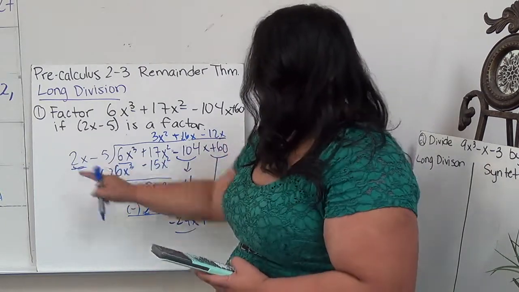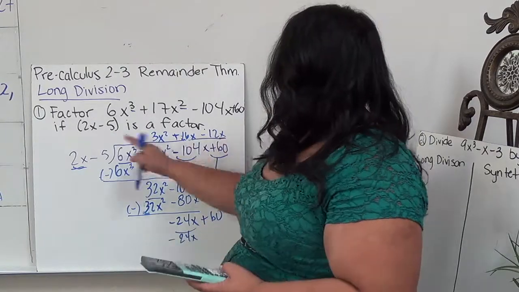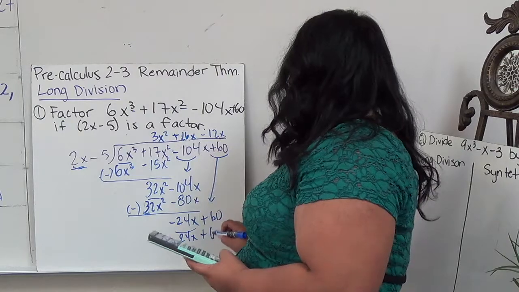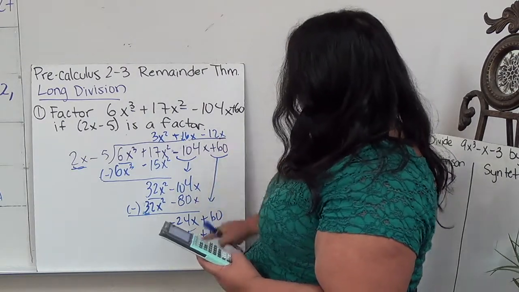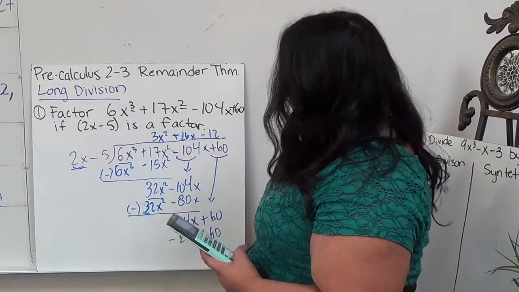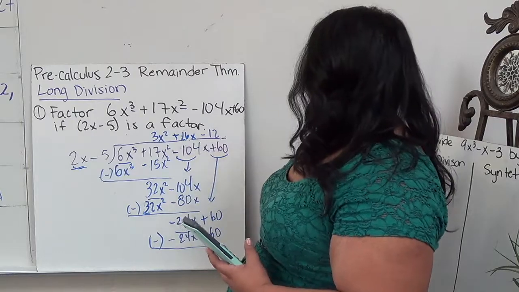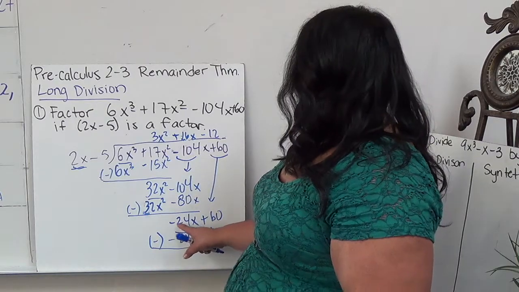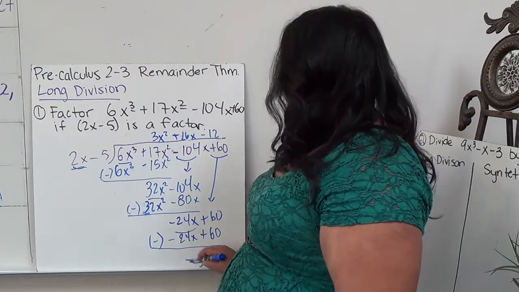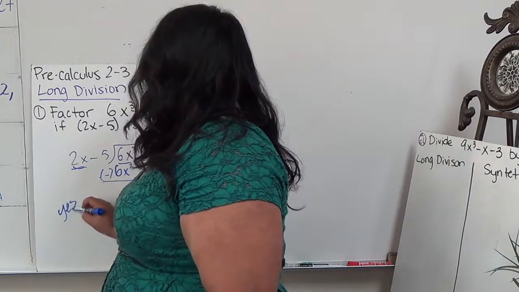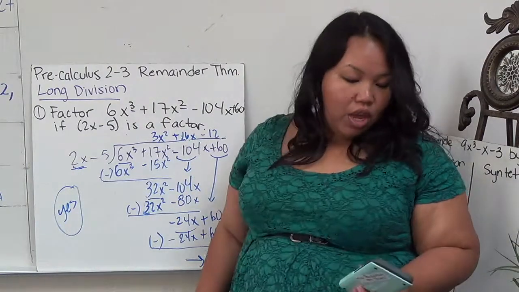Negative 12x times 2x is negative 24x. Negative 12 times negative 5 gives me a positive 60. No, sorry, I don't need that x. Then I subtract, and this is 0, and this is also 0. Because this is 0, yes, it is a factor. If it was anything else but 0, it wouldn't be a factor.